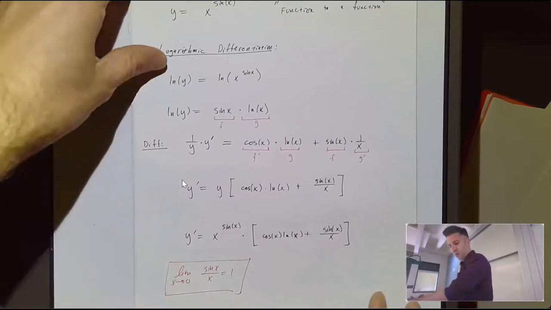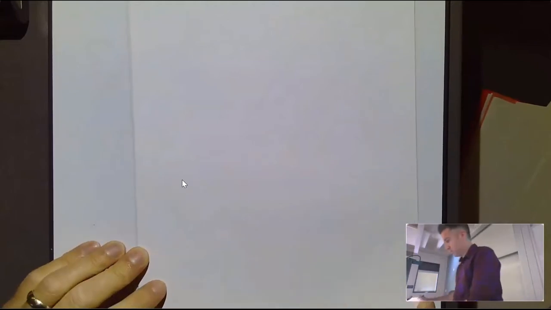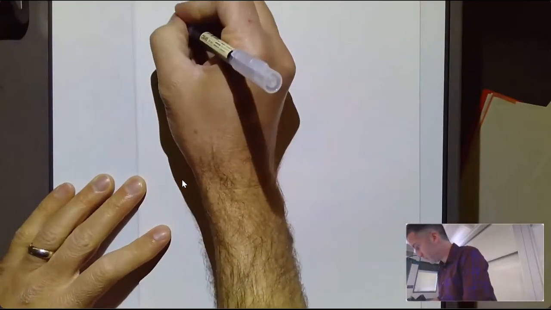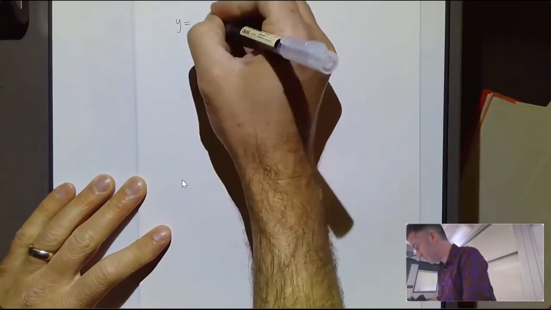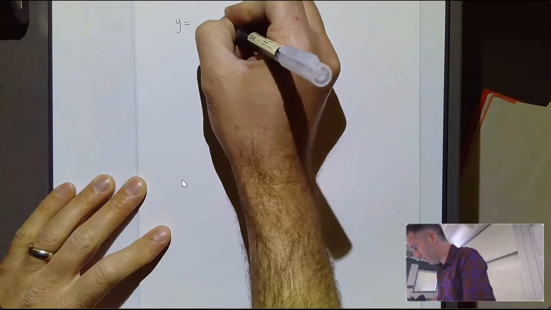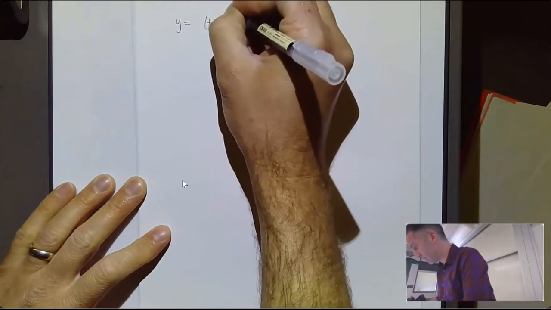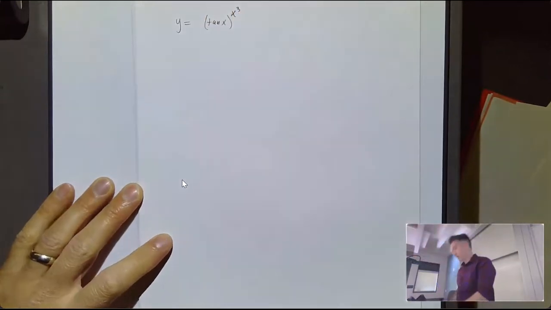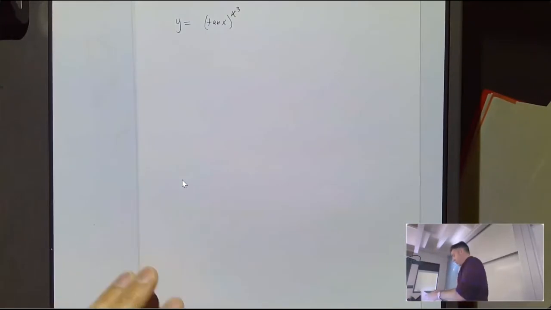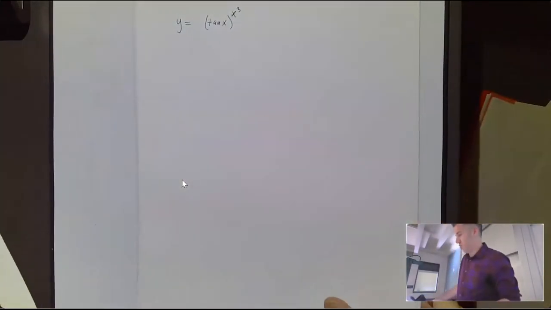All right, let's look at one more example of this. Say we wanted to find, I don't know, sure, let's do y equal to tangent of x to the x cubed power. In fact, I would like you all to try and do that on your own.